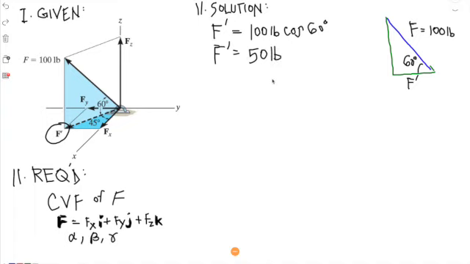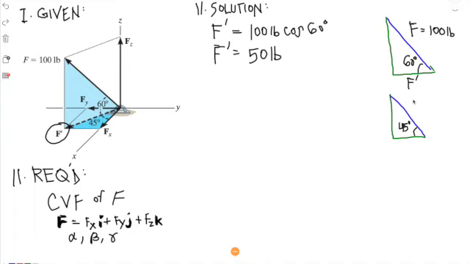Now that we know that F prime is 50 pounds, let's go to the other triangle, which is lying on the xy plane. For a better view, let's draw it here. This time, the resultant or the hypotenuse is equal to F prime. This is our triangle, and our angle here is 45 degrees.